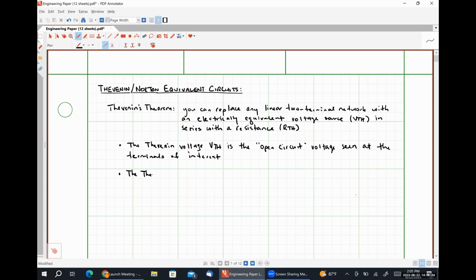Actually, let me modify my Thevenin voltage definition here really quickly. Thevenin voltage VTH is the open circuit voltage seen at the terminals of interest in a live network. That part is very important. So what a live network means is that all of the voltage sources and current sources in the system are left on.